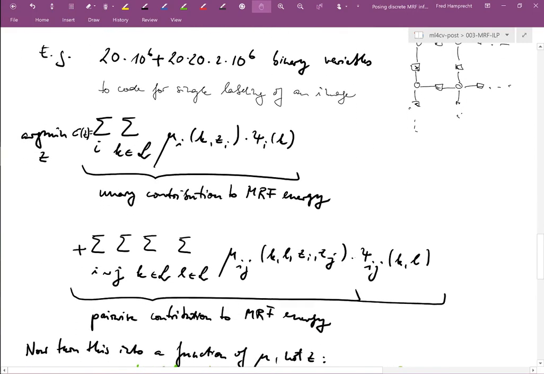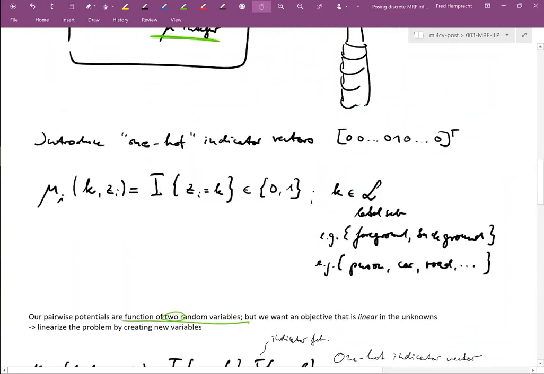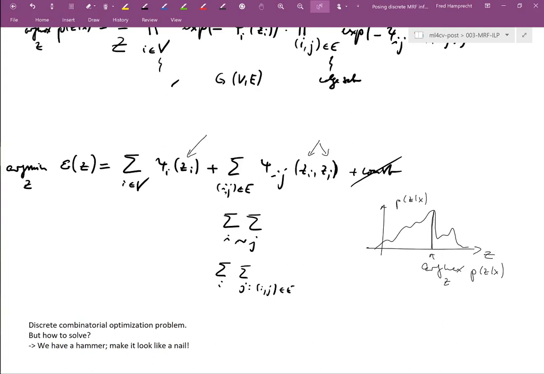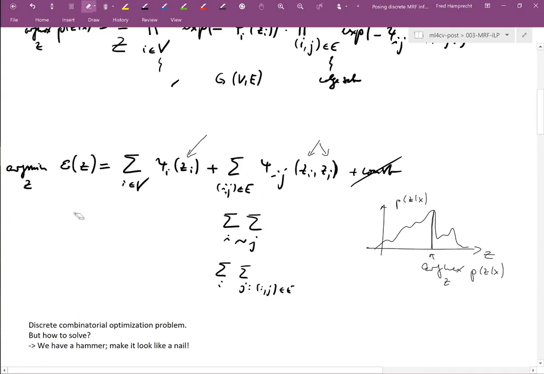Now, I can rewrite my same old energy that I had further up. Let's scroll back up. Here, I had talked about an energy of Z, which was a sum of the unary terms and of the pairwise terms, so unary potentials and pairwise potentials.